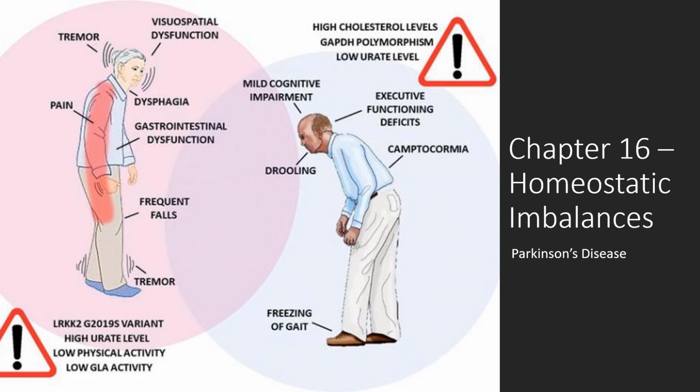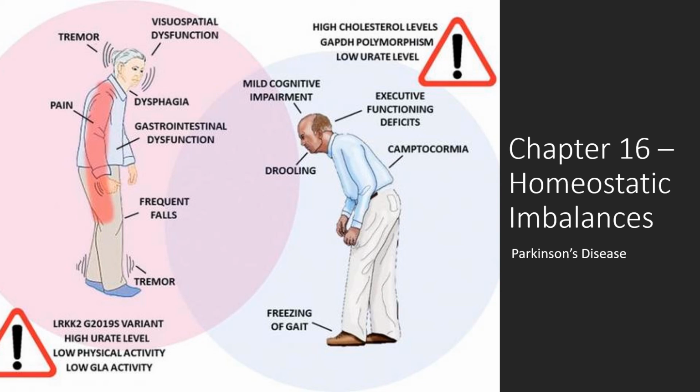It is really a disorder involving dopamine. In Parkinson's disease, the neurons that release the neurotransmitter dopamine are going to die off or degenerate. And it's this loss of dopamine that causes a lot of the symptoms that we see in Parkinson's disease.